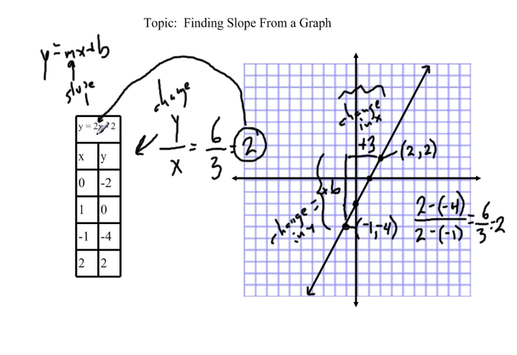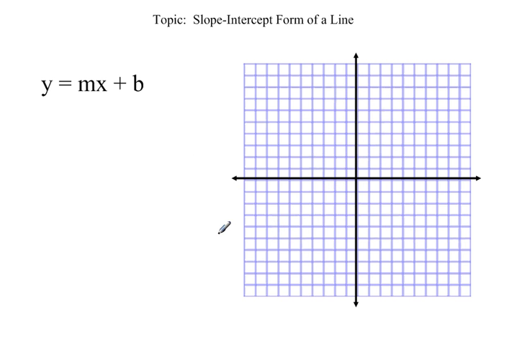And you'll note here in the equation that 2 comes before x, and 2 is the slope that we found on both the graphing version of finding slope and the mathematical way of finding slope right there. Alright, so moving on to that slope-intercept form. M is slope, and that is the steepness of your line, and whether it goes up, whether it goes down.